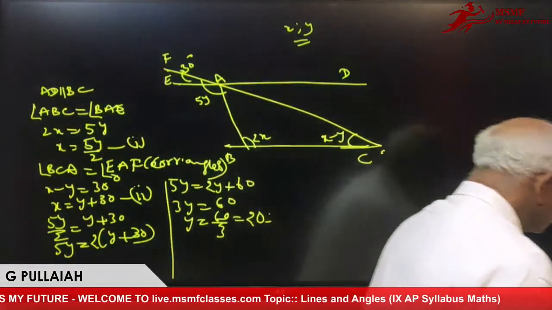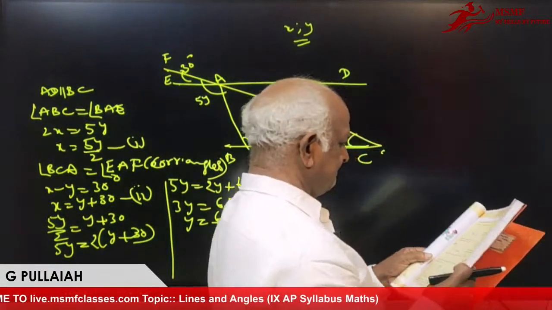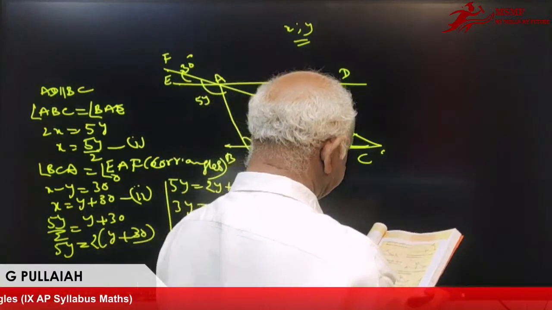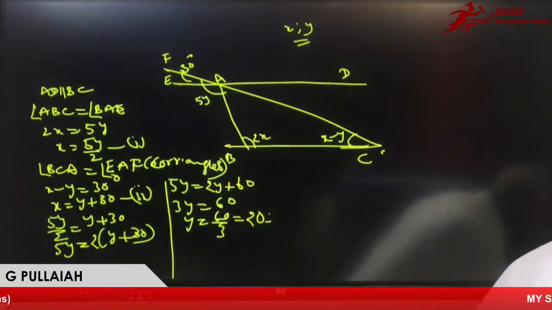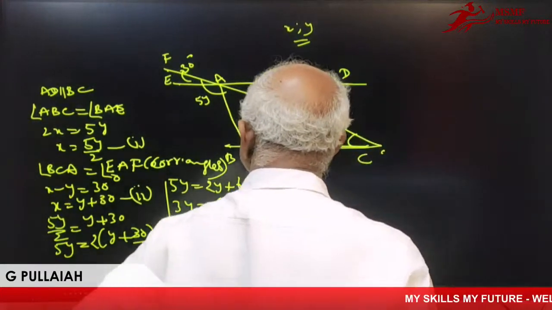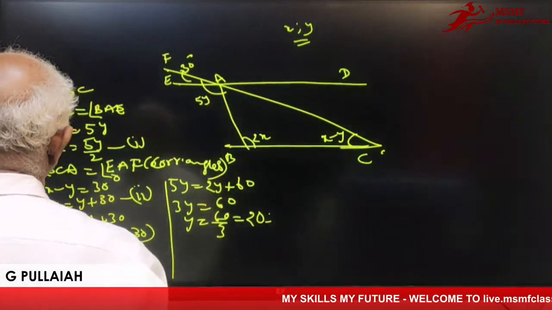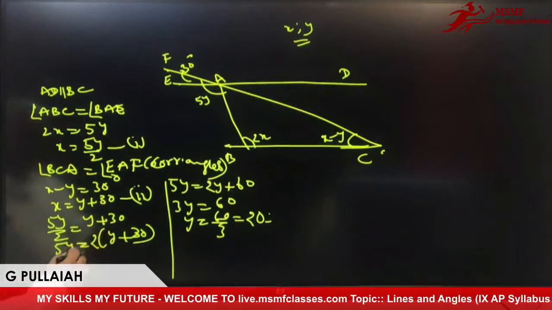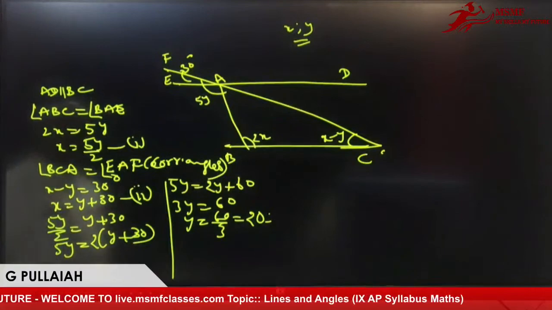So let me see once again. x minus y is equal to 30. I hope that you are following here, please. So y is equal to 20.